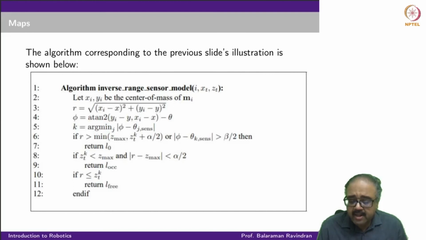Or if the object is too far away from the direction the sensor is looking. Remember, this is the sensor looking in the direction closest to the object, but even then the object is too far away. In both these cases, I am going to say that I don't know where it is.